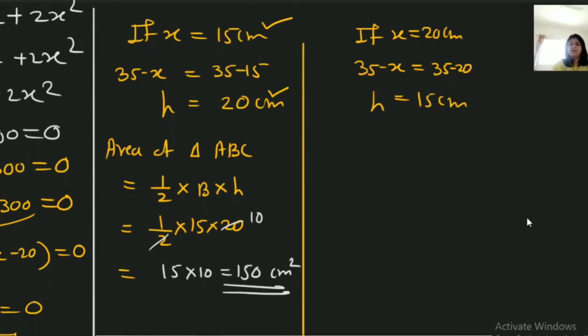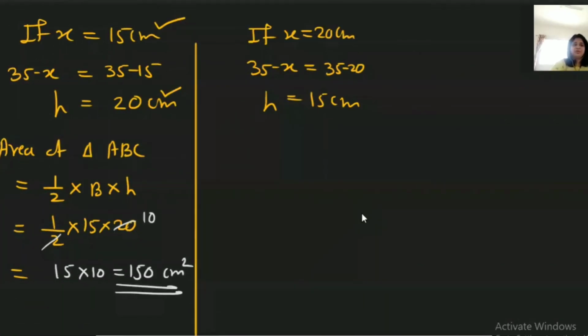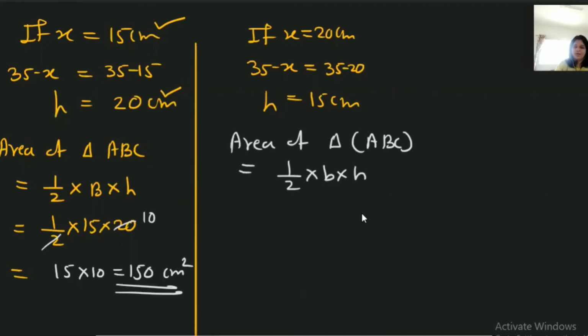Let's find the area by using the other formula also. You will come to know the area will be the same because the polygon is the same, whether the dimensions are different. There is only an exchange of the dimensions. The value of area will not change. Area of triangle ABC equals half into base into height.